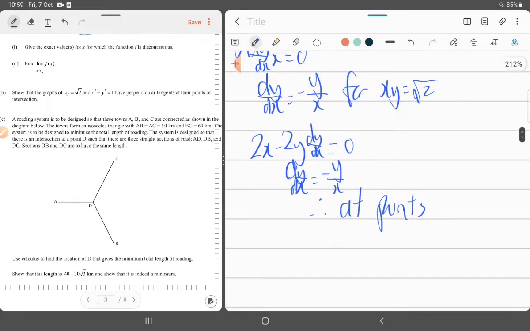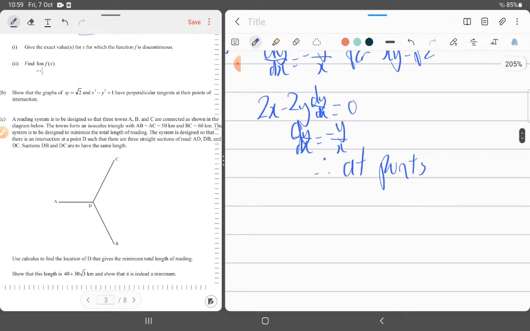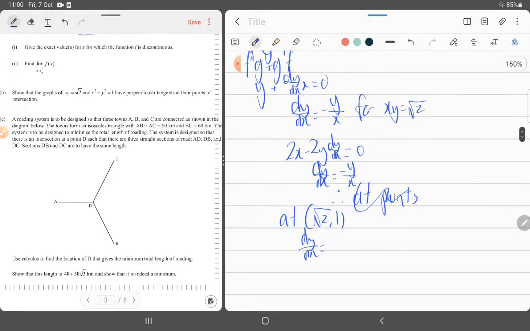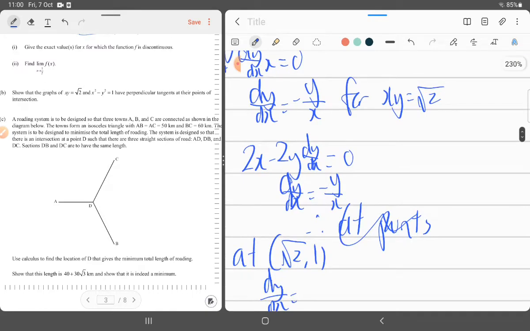Actually, I might just write it down in case. The point of the square root 2, 1. dx is equal to, right, x squared. Oh no, actually no, this is just x over y. Yeah, then this is the dx.